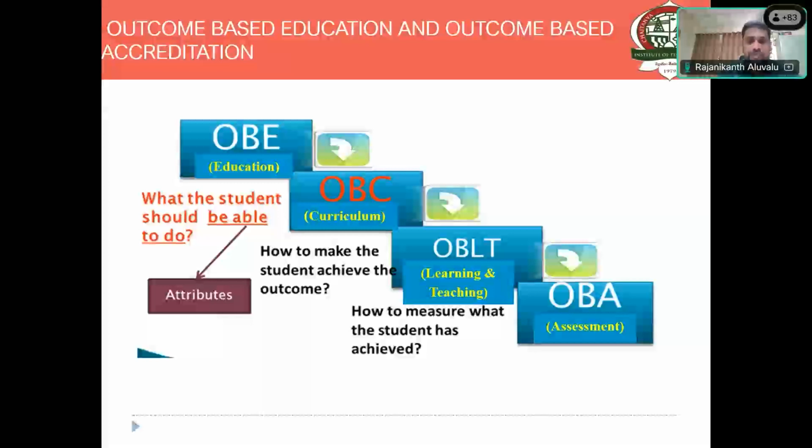If you look at the slide, OBE is the focus for outcome based curriculum, which is a focus for outcome based teaching and learning, and which is a focus for outcome based assessment. As already mentioned, the earlier sessions spoke about OBE, OBC, and OBLT. Today I'm going to talk about outcome based assessment.